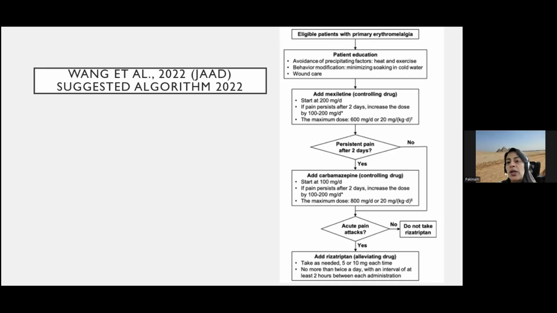And if it persists, we can increase by 100 to 200 milligrams per day with a maximum of 600 milligrams per day or 20 milligrams per kg per day. If the pain persists after 2 days, we can add the carbamazepine. If the patient has acute attacks, we can add rizatriptan. If the pain after the mexiletine does not persist, then we can just treat the acute attacks and we don't add the carbamazepine. And if no acute attacks are happening, then we do not use the rizatriptan.